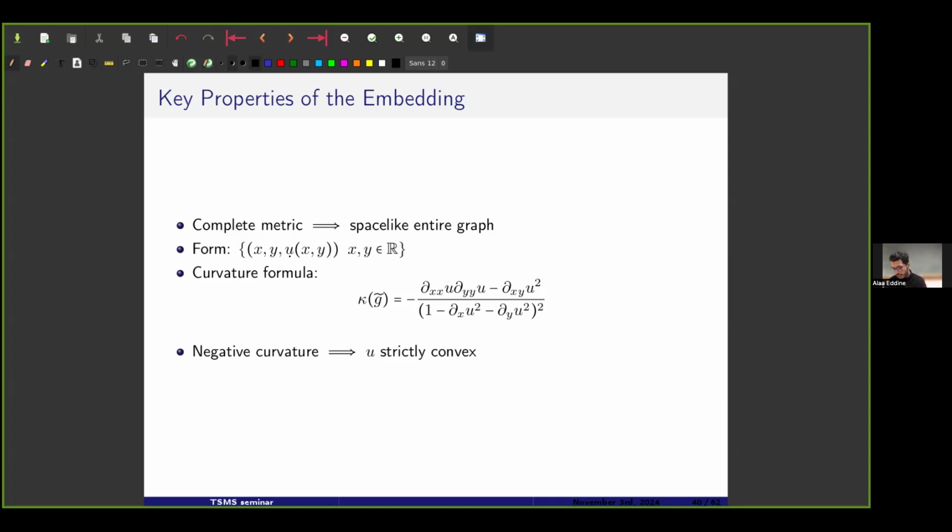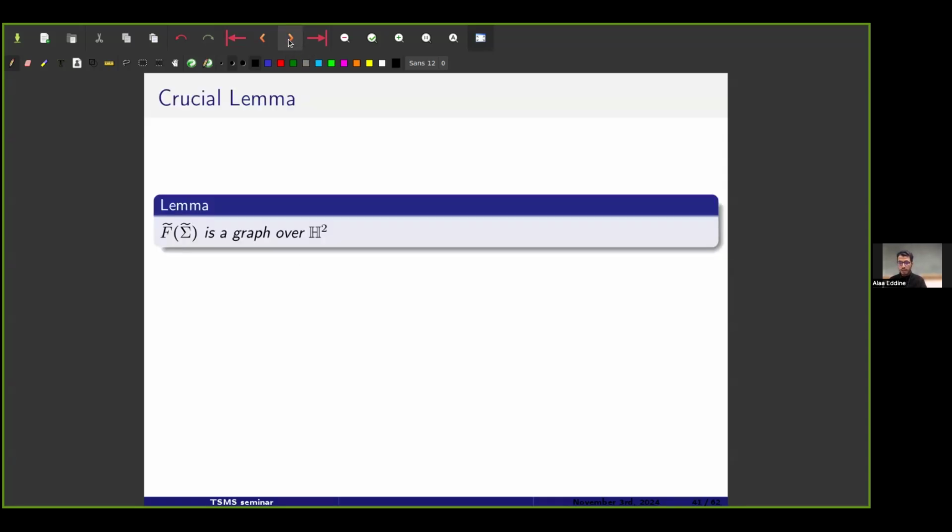Okay, and this is a very striking fact that we will use so many times. Since we want to compare the metrics, the hyperbolic metric and the metric G tilde, we need this lemma, which says that the image is a graph over R2, as I said before, but it is also a graph over the hyperboloid H2.